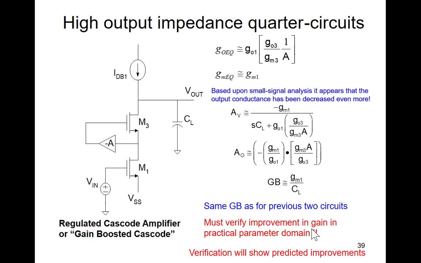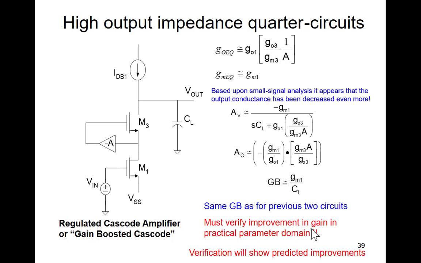If I do it like I did for the cascode configuration, verification will show the predicted improvements are achieved with this structure as well. Almost. We're going to get a big increase in the gain, but there's one little bit of caveat there. Those A amplifiers don't come for free. One of our most valuable resources is power.